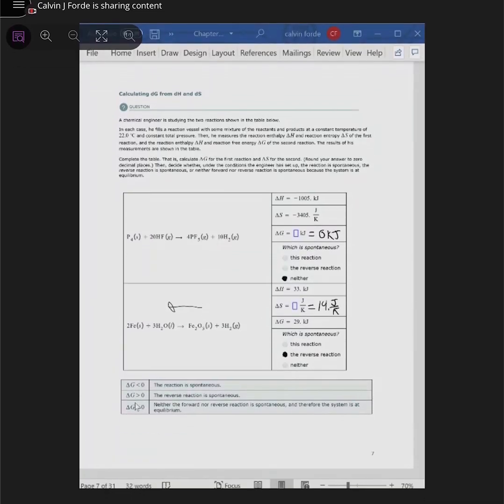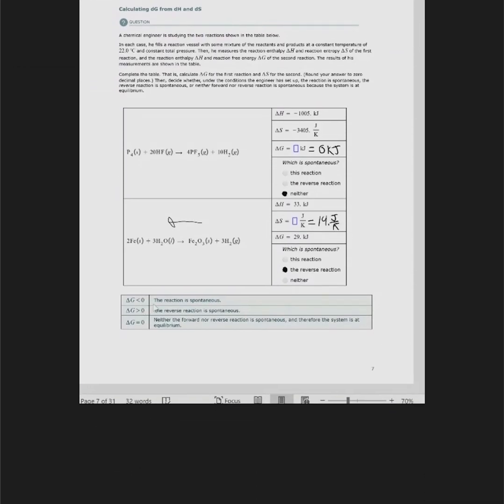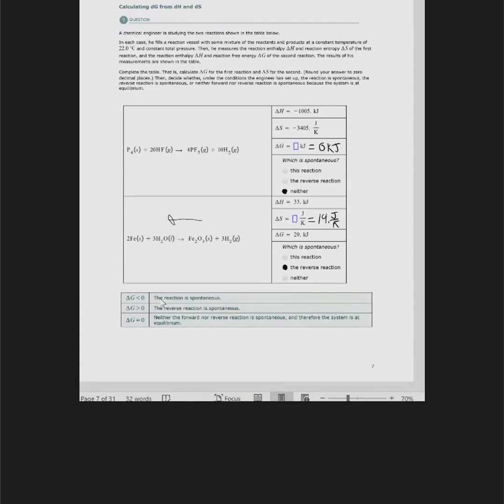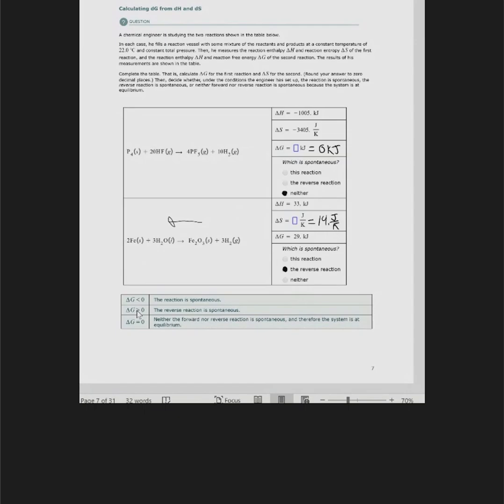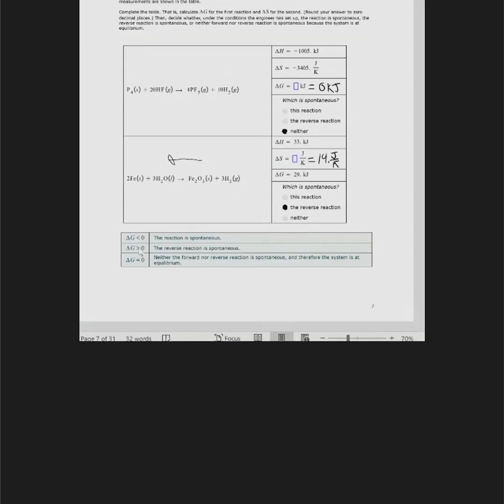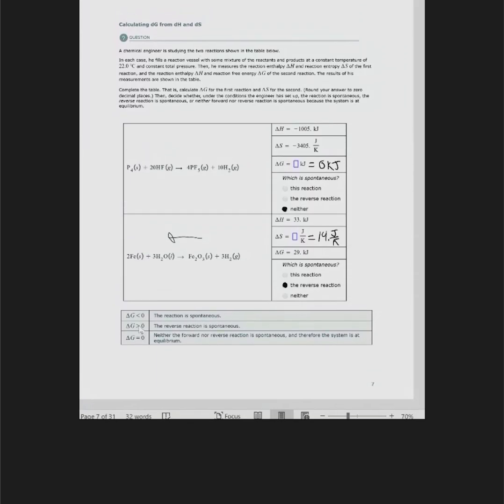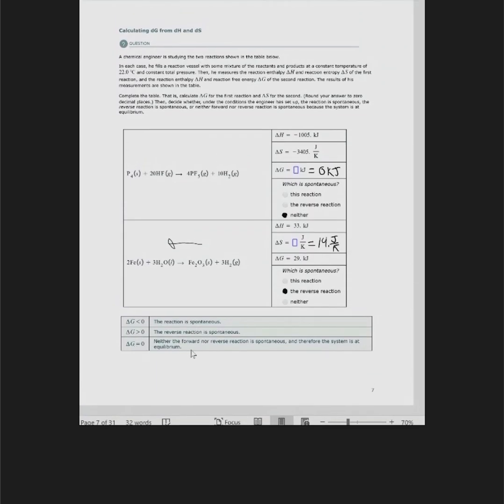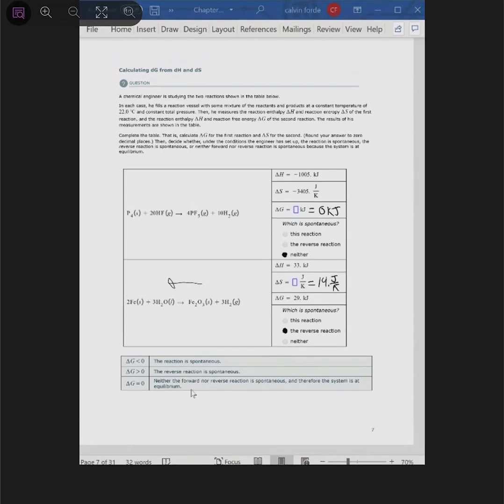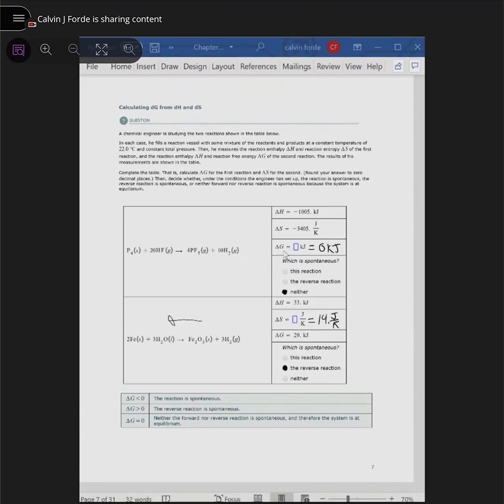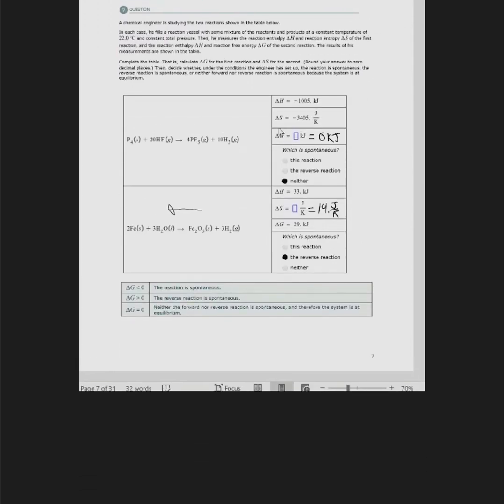So if delta G is less than 0, then the reaction is spontaneous. If delta G is greater than 0, then the reverse is spontaneous. And if it's equal to 0, then it's not spontaneous. Right? So that means this question is going to be answered once I answer this one. So now I have to figure out, well, how do I get delta G?